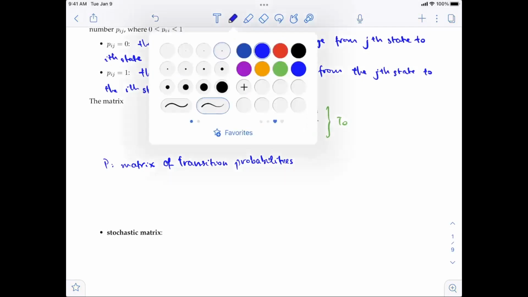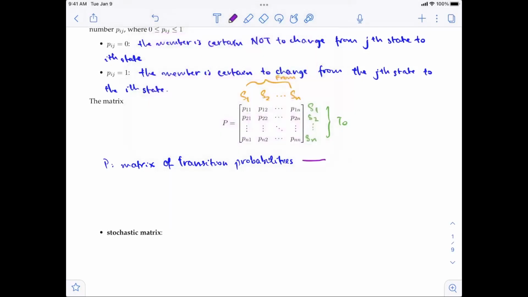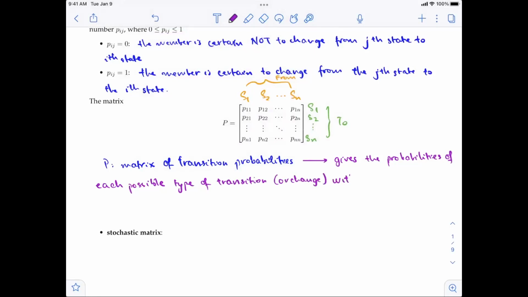A further explanation is that this matrix gives the probability of each possible type of transition or change within the populations.